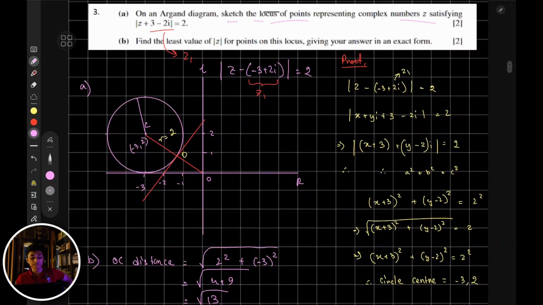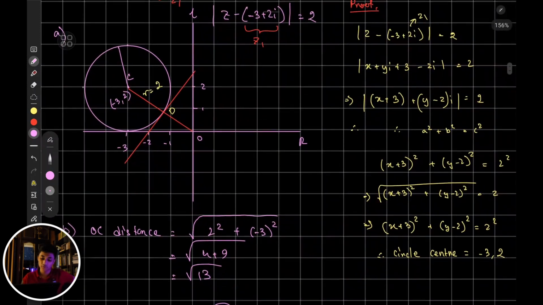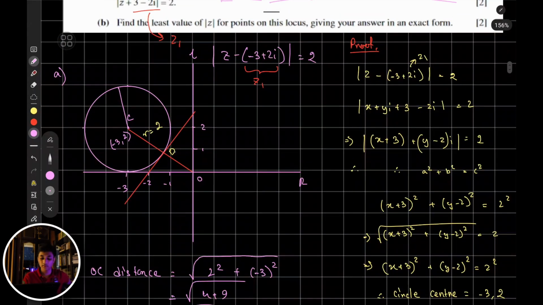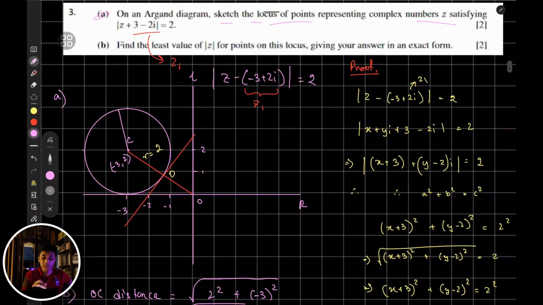Now what is B telling you? B is telling you to find the least value of mod z for points on this locus, giving your answer in an exact form. Mod z. What does mod z mean? Mod z is basically the distance of the complex number to the origin. So mod z, let's say there was no question A. Forget question A. And they're asking you what is mod z.